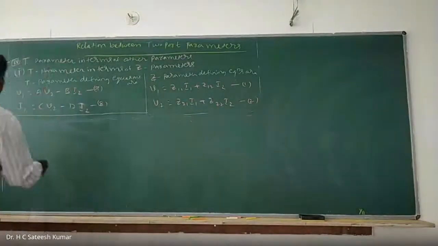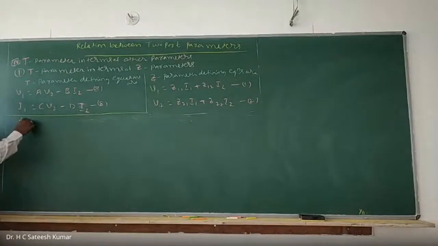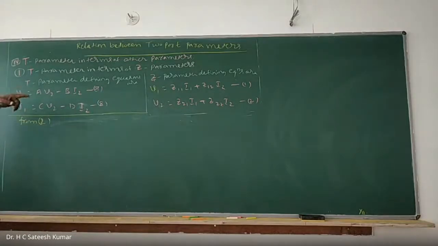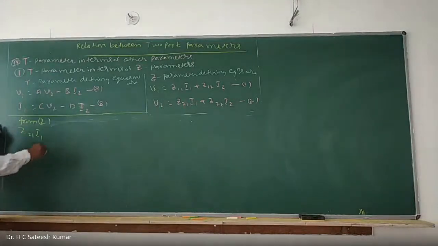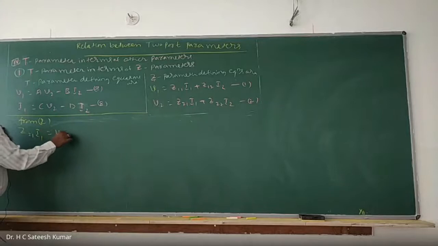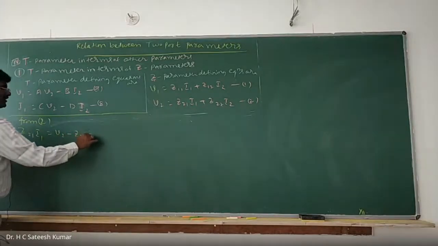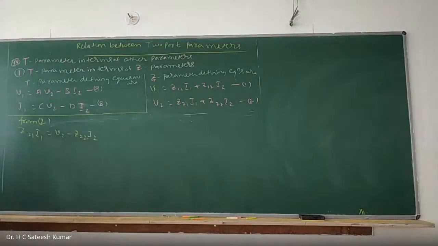From 2, what do we get? We want it in this format: V2, I1, I2, in the 8 format. That means we need I1 on the left hand side. Therefore, keep Z21 into I1 on one side, and transfer the other things to the other side: Z21 into I1 is equal to V2 minus Z22 into I2.